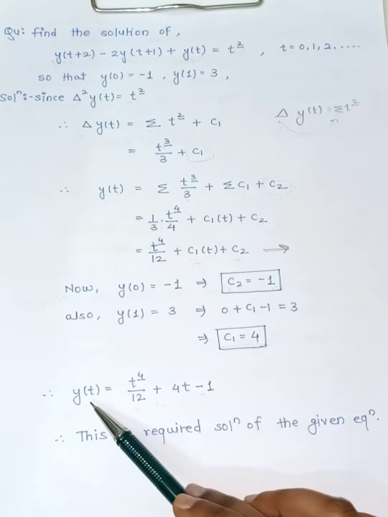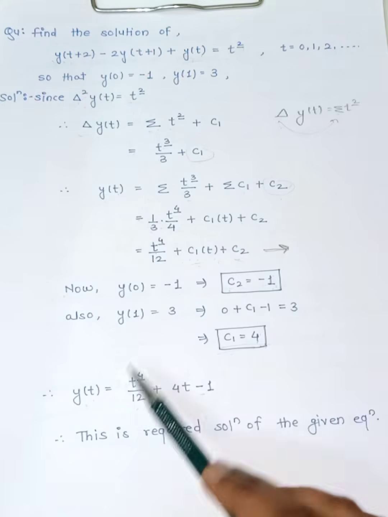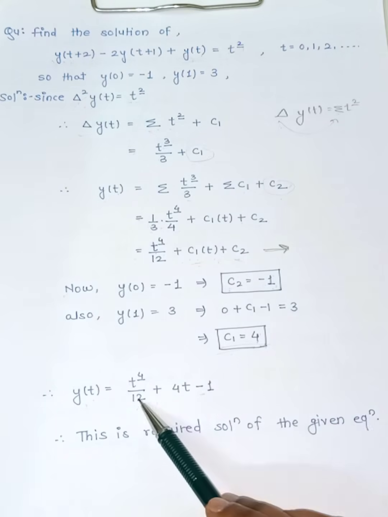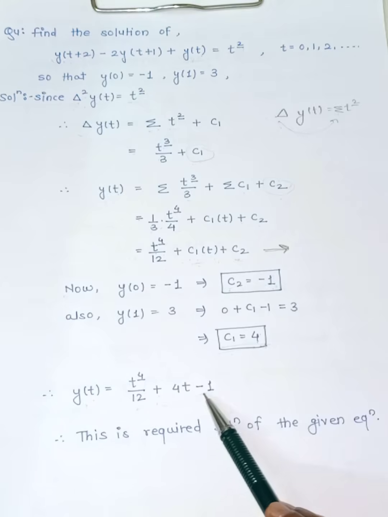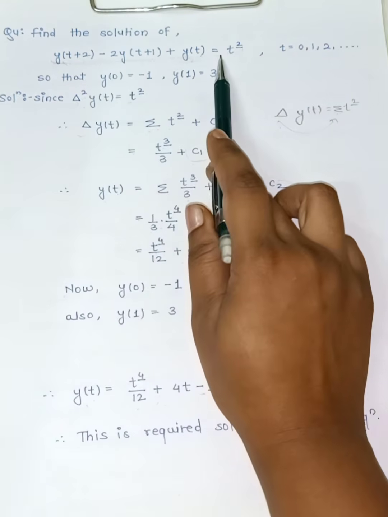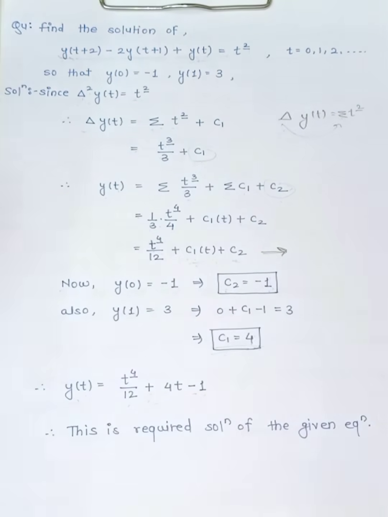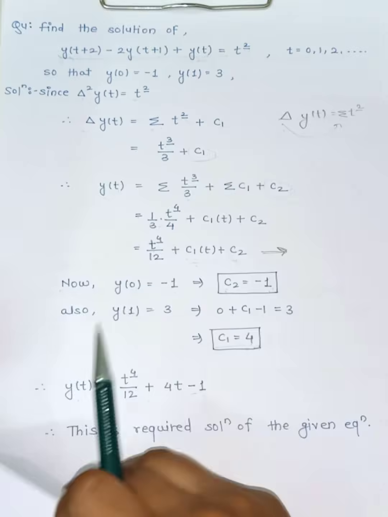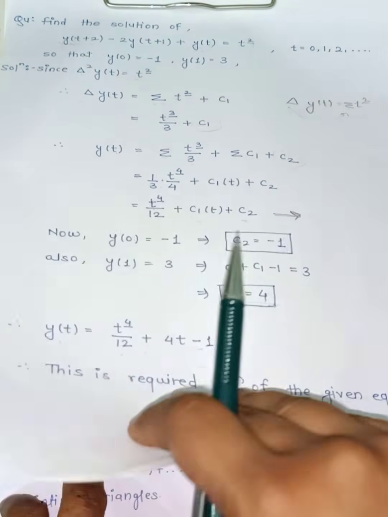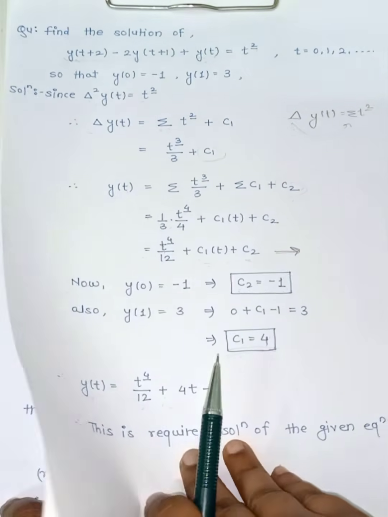So what is our solution: y of t equals t to the falling 4 by 12 plus 4t minus 1, and this is our required solution of the given equation. Okay, I hope you get it. So we'll see the next one.